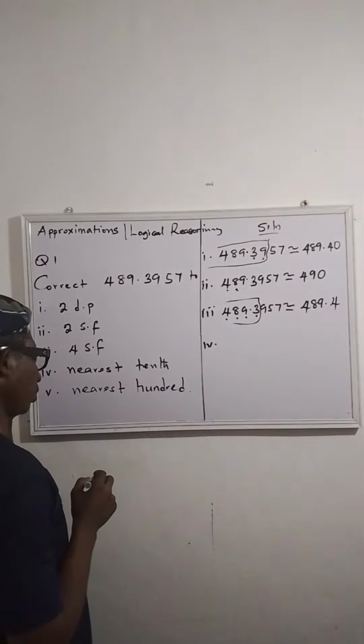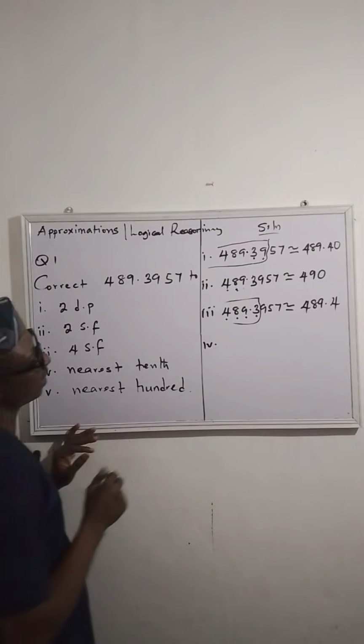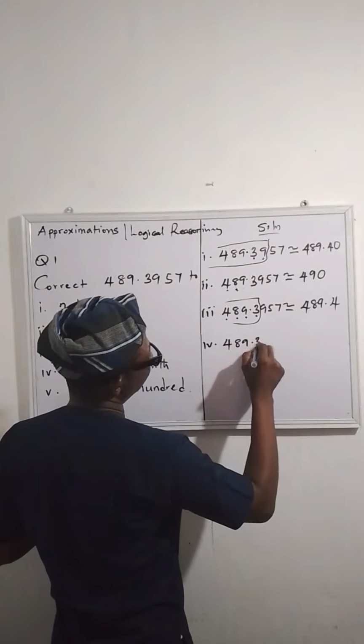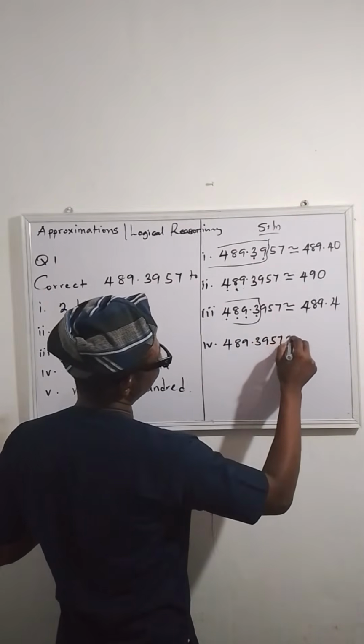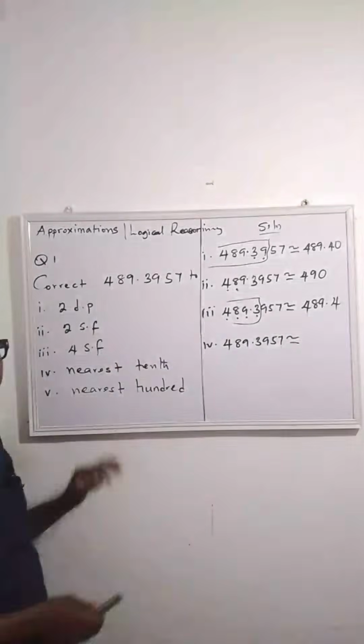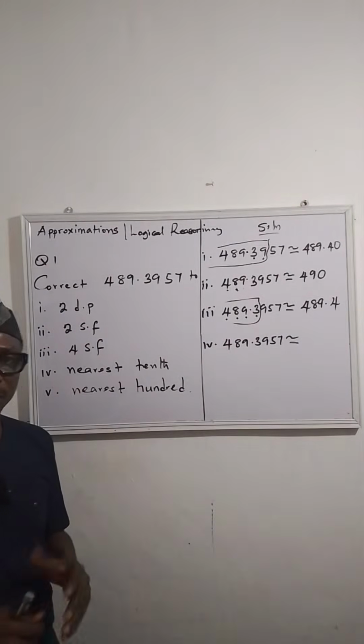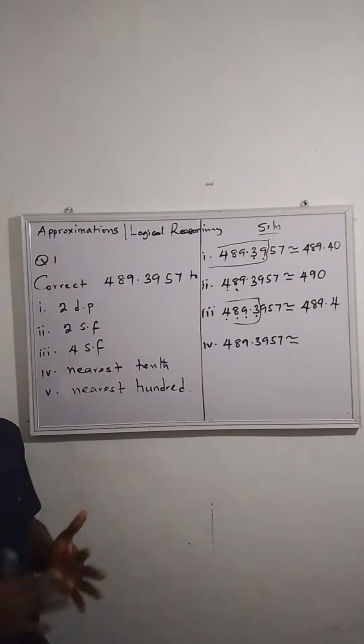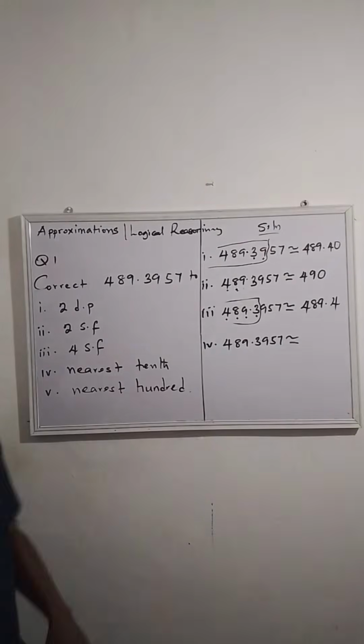Okay, all right. So now let's look at the next one. Now you have to correct this to the nearest tenth. 489.3957 to the nearest tenth. Now we need to know the position of tenths and hundredths and thousandths and ten-thousandths.